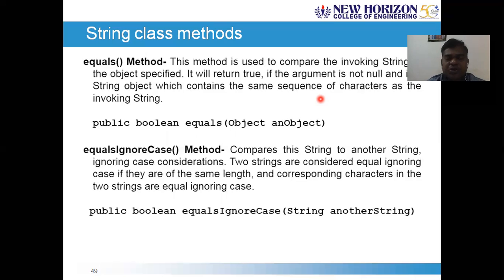It is not with respect to the length or anything else. If the characters of string 1 and string 2 are the same one to one, then it returns true, otherwise it returns false.